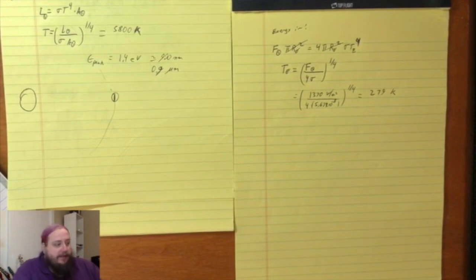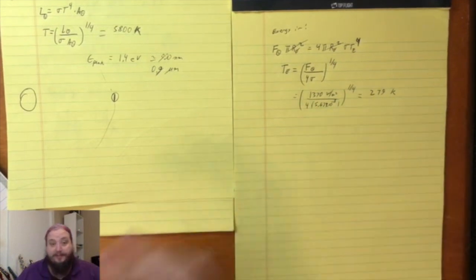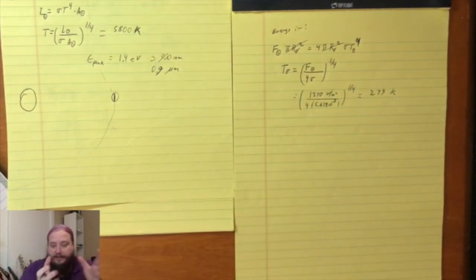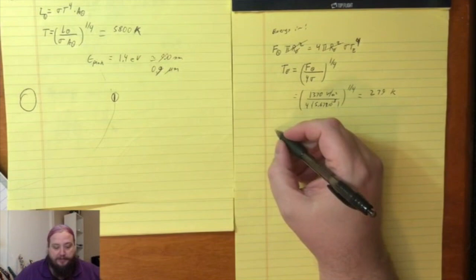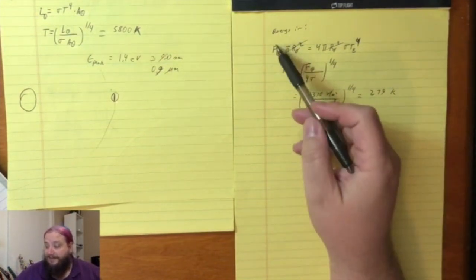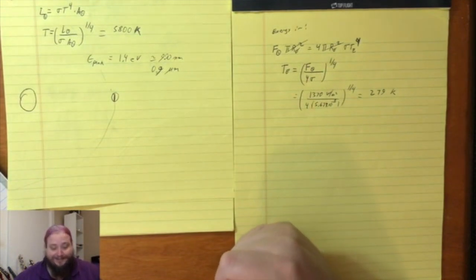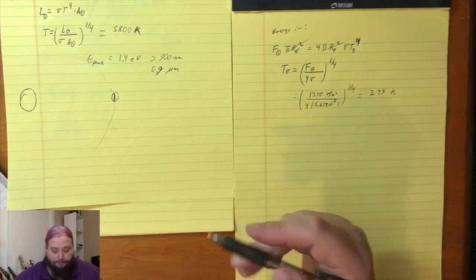However, it turns out that we forgot a couple of things. First of all, the Earth's albedo, that's its reflectivity, is roughly 35%. So only about 65% of the solar flux, the solar constant, actually gets absorbed by the Earth.